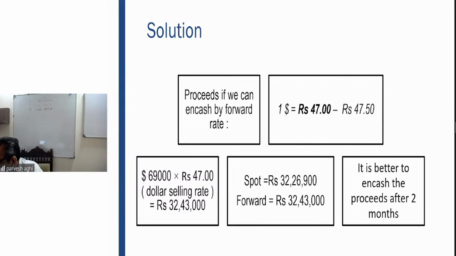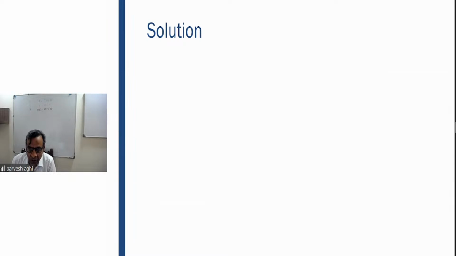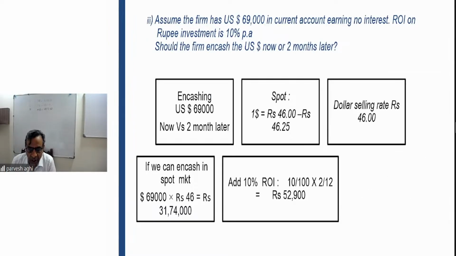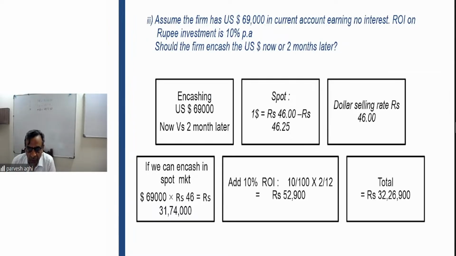Yes. Namrata, you're right. 32,26,900. So now we are just comparing which is better, to encash it now or to encash it after 2 months. When you encash it now, you get the rate of 46.